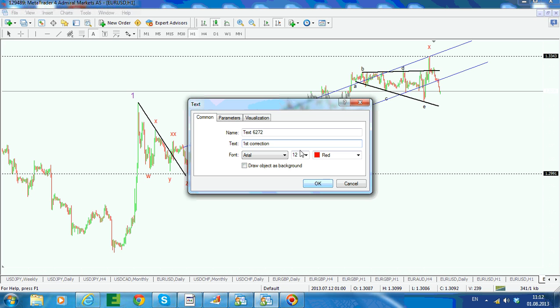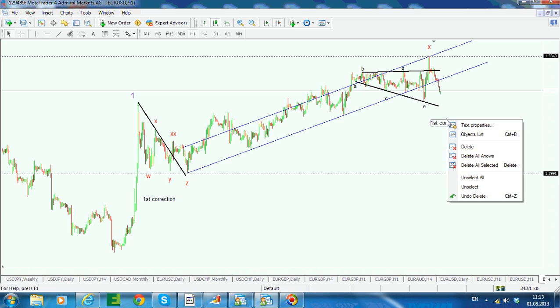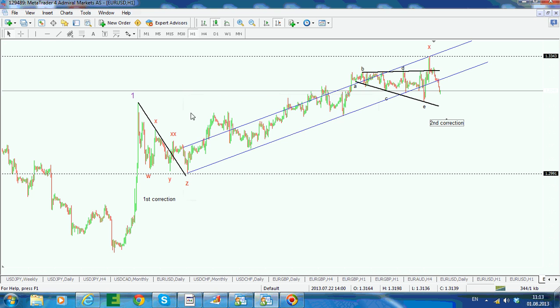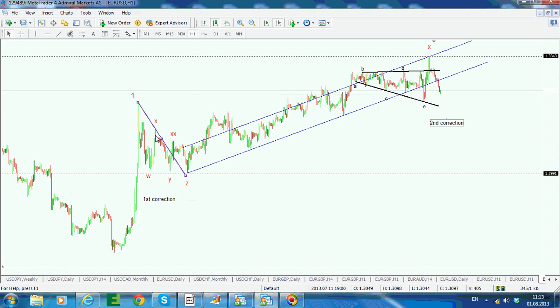And based on that, let me make it 10 and black, we are looking for the second correction to come. And this second correction, if you change the color for this one, should be smaller or lower than this one.